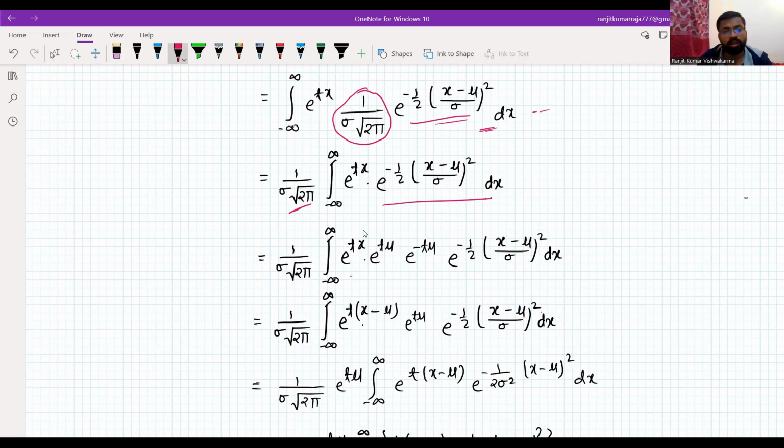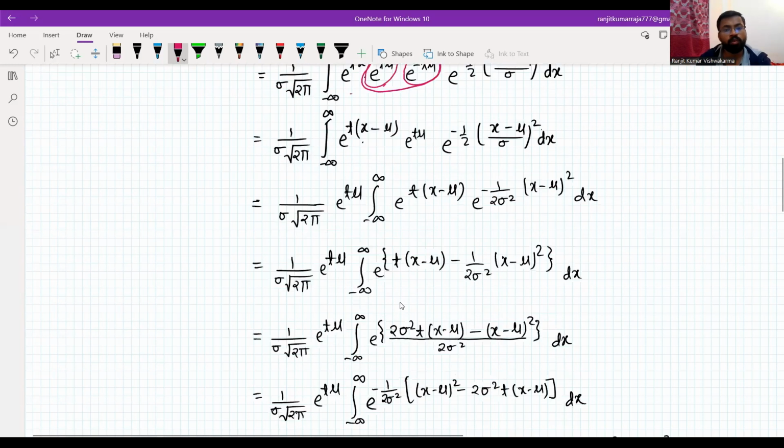I multiplied with this term and also divided by this term, so when you solve this, it becomes 1. The multiplication of these two terms equals 1, because I want to arrange this equation.